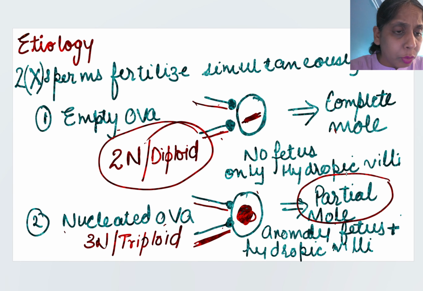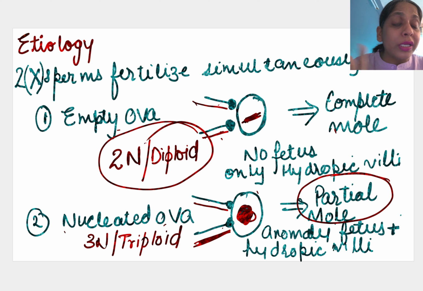What is formed is a partial mole. Why do we say partial? Because here a fetus is also formed. No doubt it is an anomalous fetus, but a fetus is formed. When the mother nucleus is there, the fetus will be formed.